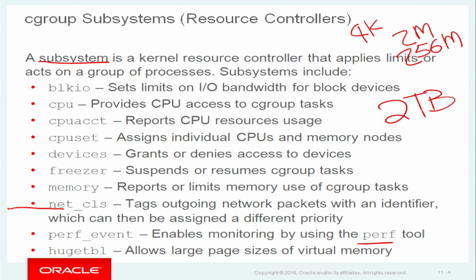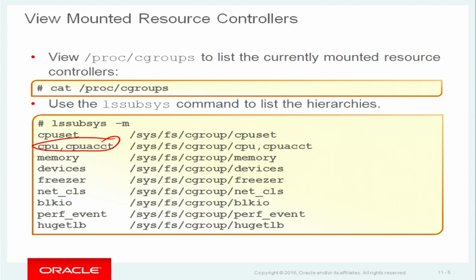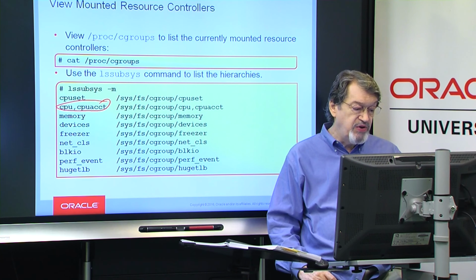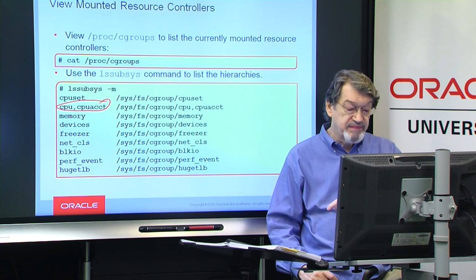So here, cat proc C groups gets you data about the C groups. And then the list subsystem command allows you to list the subsystems that are there. Now, one of these is different. This is where you have built your own hierarchy. And you've included CPU and CPU account.